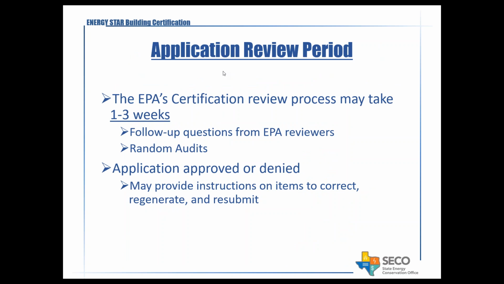So the last step was really the application review period. And as Salim had mentioned, sometimes this review process can take anywhere between 1 to 3 weeks, where throughout that time period that it's being reviewed, the EPA's reviewers may have some follow-up questions about your application. And in some cases, there may be random audits conducted, which may be a little more exhaustive, where they'll ask for a lot of backup information for anything that was claimed in the application.